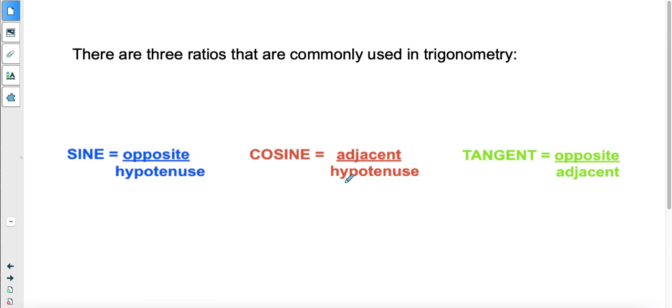And the last one here is tangent, which is equal to the opposite divided by the adjacent side. We can abbreviate this as SOHCAHTOA. Remember, SOHCAHTOA is just an abbreviation we can use to help us remember these formulas.